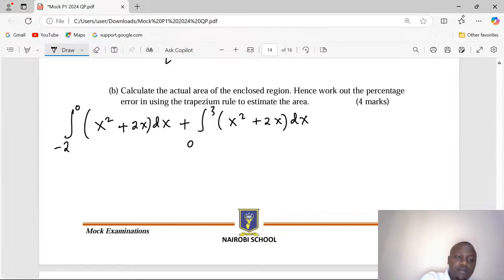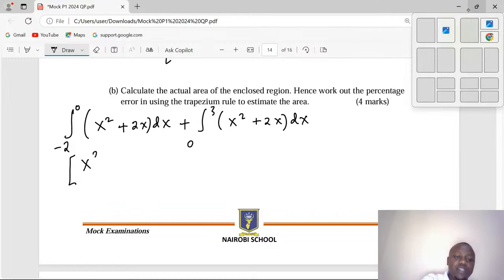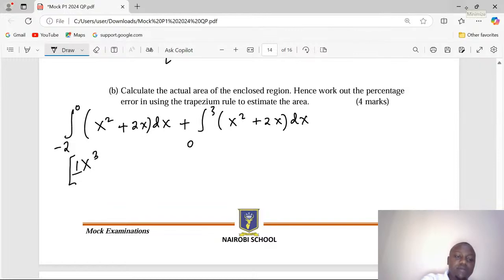So now, when we integrate the first term, remember the power of x is going to increase, but now the new power divides everything. So that becomes a third x cubed, plus the power of x increases to 2, and 2 divides. So that 2 over 2 becomes 1, and x will just become squared, plus the arbitrary constant.